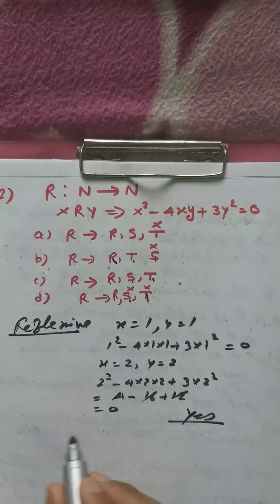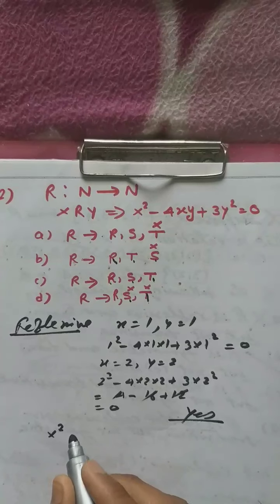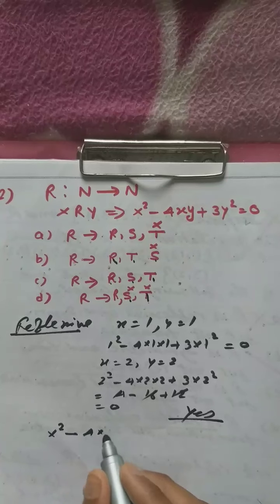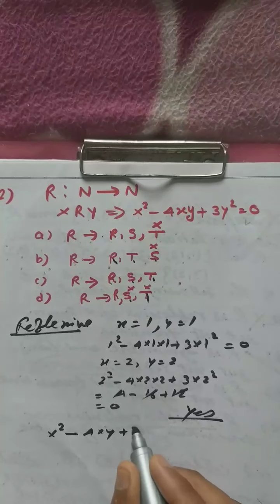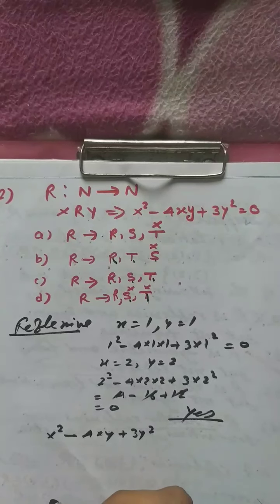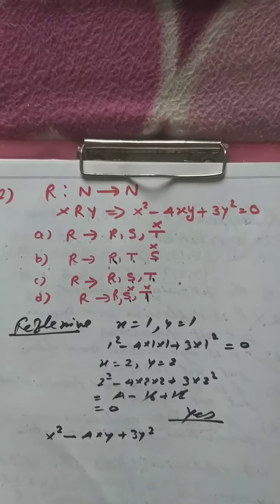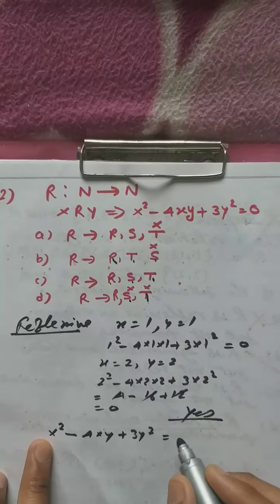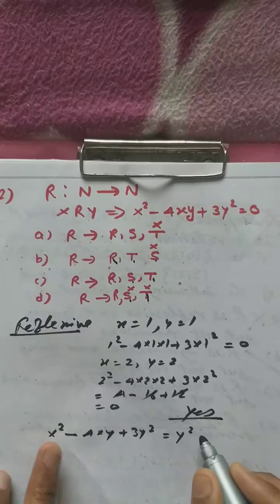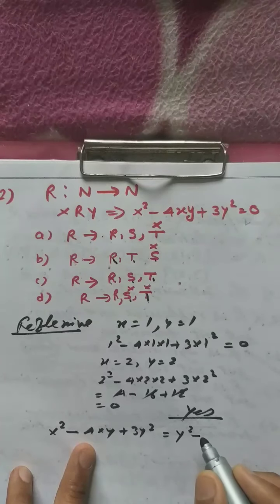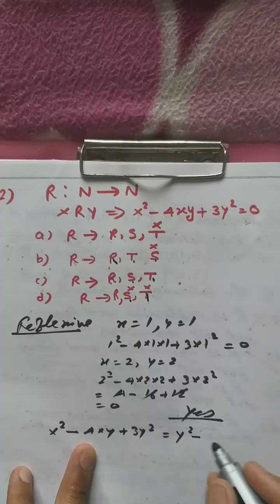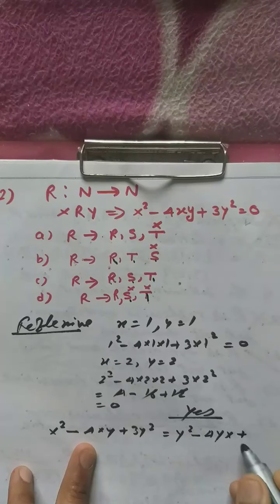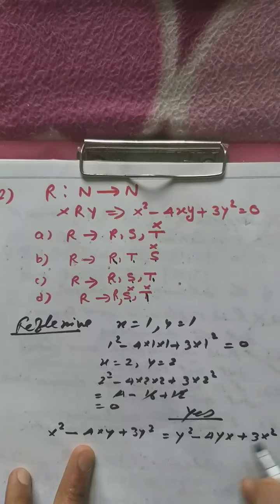For this, let us suppose the condition for the relation is x square minus 4xy plus 3y square. If I change x by y, it becomes y square minus 4yx plus 3x square.